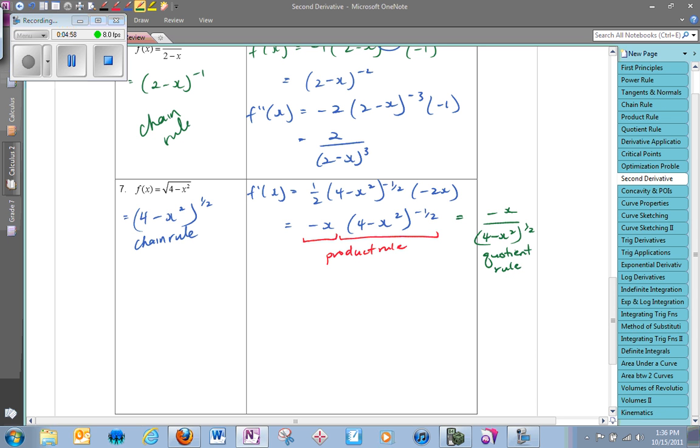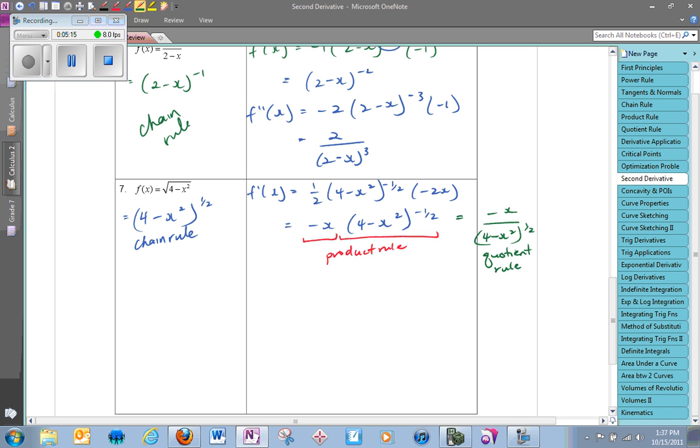Either way, to get the second derivative from the first derivative, I have to change the rule that I'm using. I'm not just using the chain rule. I am either using the product rule or the quotient rule. I have no preference as to which one you use. I'm going to be using the product rule because I find that a lot easier.